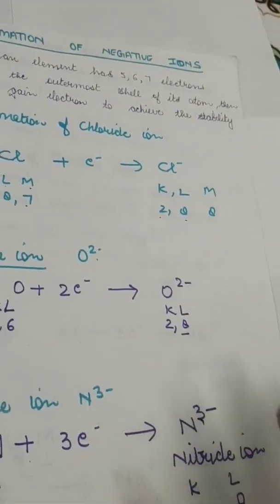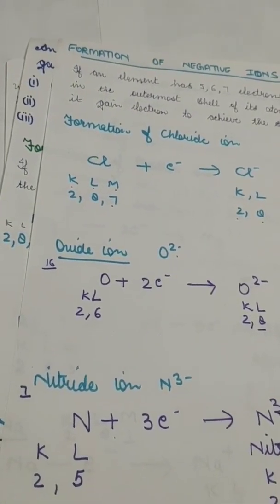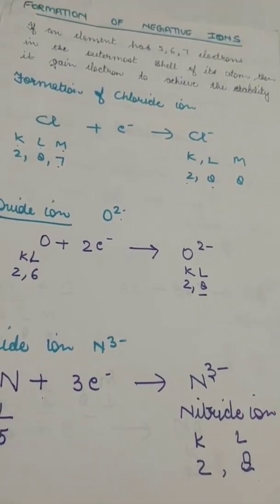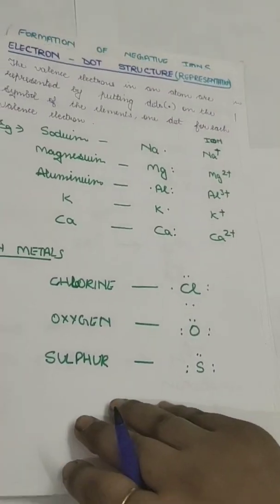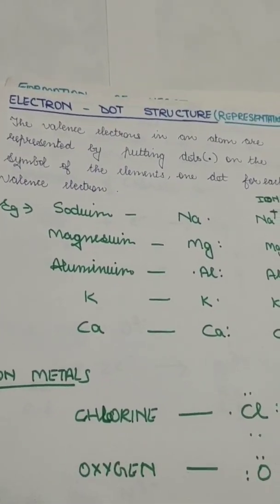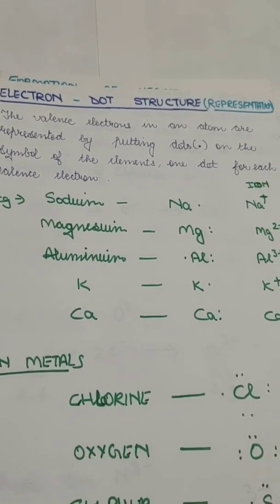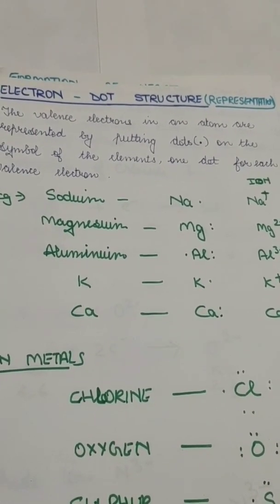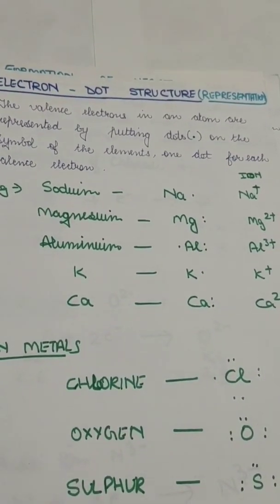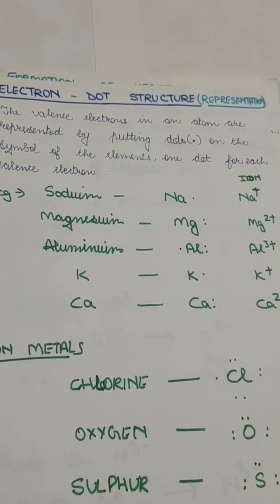Now, why does it happen? Formation of negative ions and formation of positive ions, it's all clear. So after this is clear, we're going to move next to the electron dot structure. Electron dot structure is very simple: the valence electrons in an atom are represented by putting a dot on the symbol of the element, one dot for each valence electron.